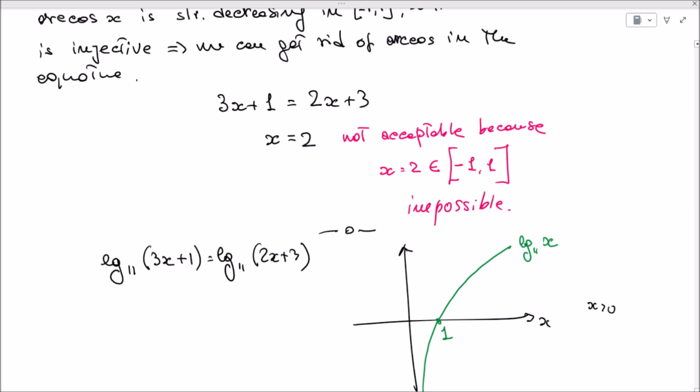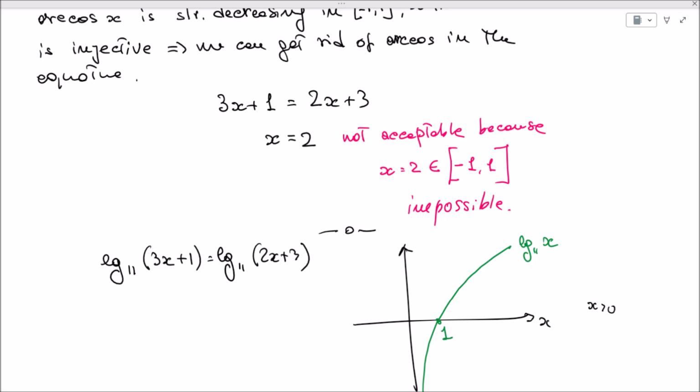So we can get rid of the logarithm on both sides as long as the arguments of the logarithms on both sides are larger than 0.